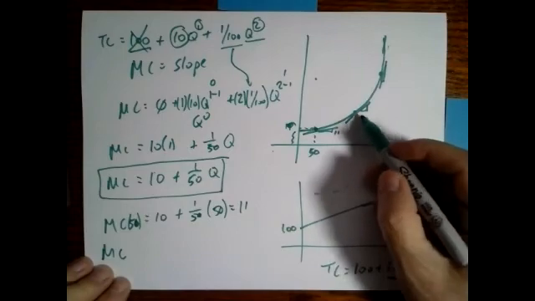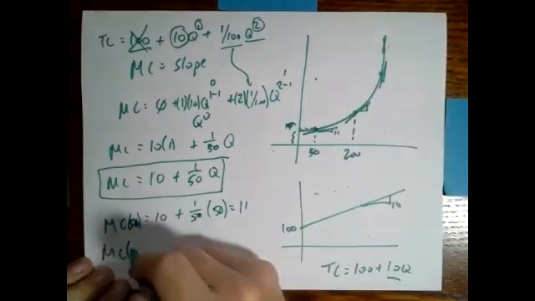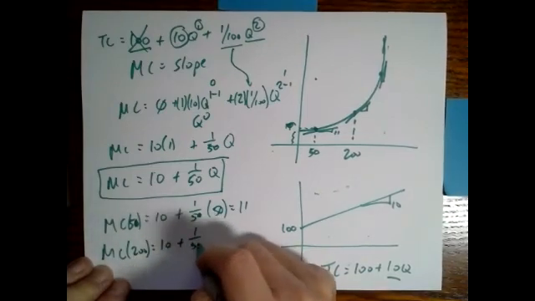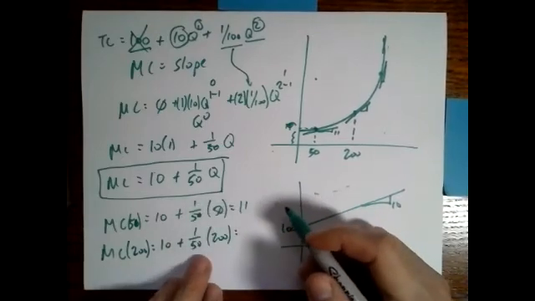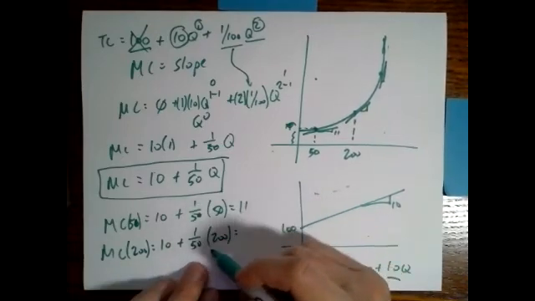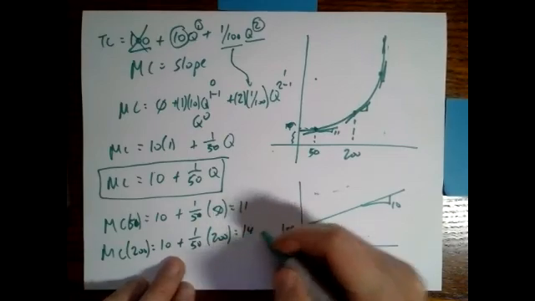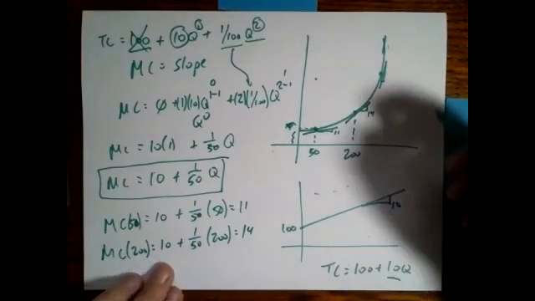At a point, say, 200, MC of 200, I get 10 plus 1 over 50 times 200. So 1/50th of 200 is 200 over 50, which is 4. So I get 10 plus 4 is 14. So the slope is now 14 at 200.